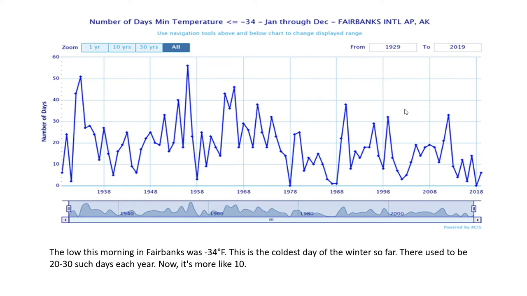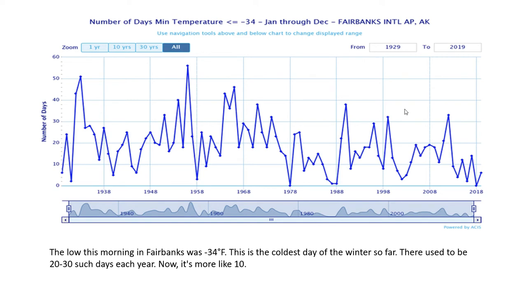Now, when you look at the parameters that go into determining the index, if you look at the historical data for those parameters, we should have had temperatures in the minus 50, 55 to 60, 65 realm. Instead, our temperatures were 30 to 40, 42 below. Yes, it was cold, but it's not as cold as it has historically been.